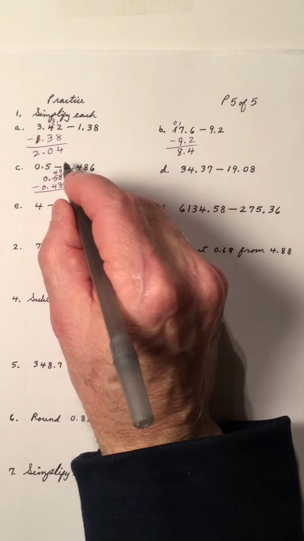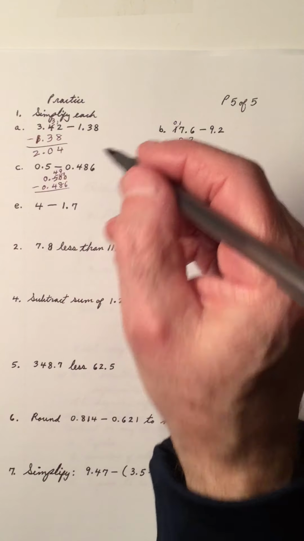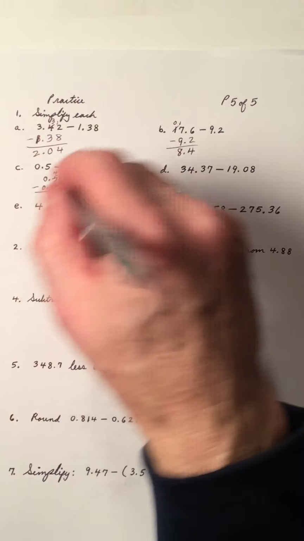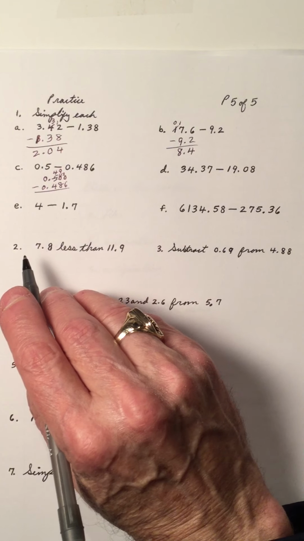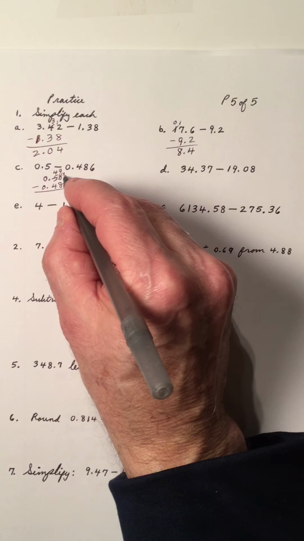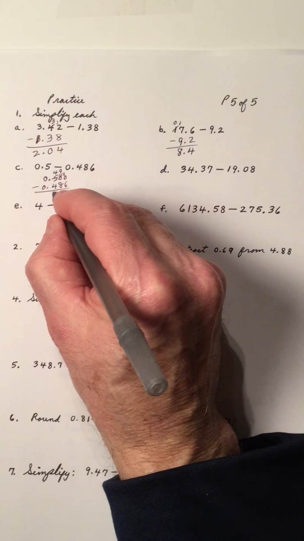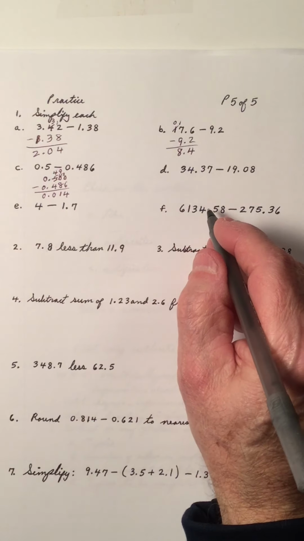And notice that each time, 10 times the ones is 10, 10 times 100. So every time you borrow 1 from the one on the left, you're really putting a 10 onto that digit. That's why we're putting the ones there. So 10 subtract 6 is 4. 9 subtract 8 is 1. 4 subtract 4 is 0. And we get a 0. So decimal 0.14.